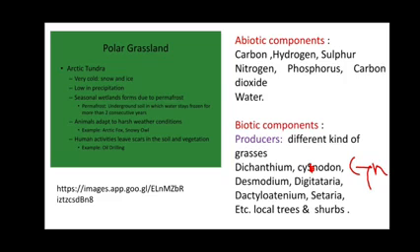Tropical grassland is characterized by tall grasses with dispersed trees and shrubs, known as savannas. Temperate grassland is where grasses are predominant over trees and shrubs, or trees and shrubs are completely absent or rare.